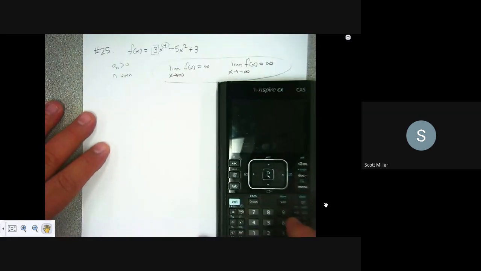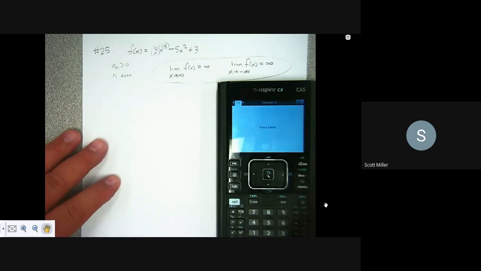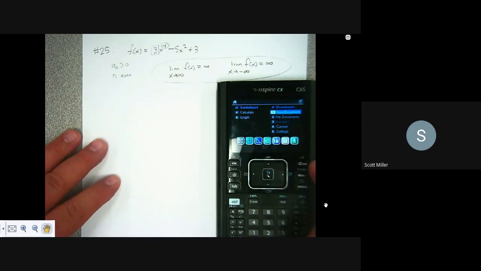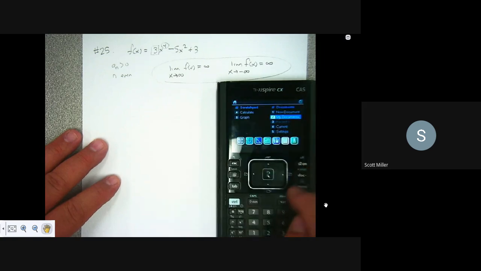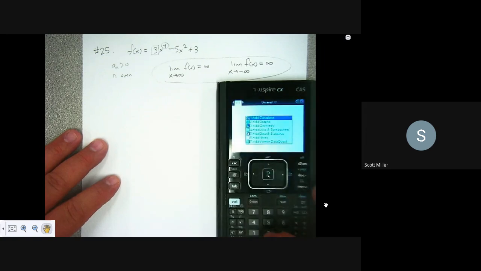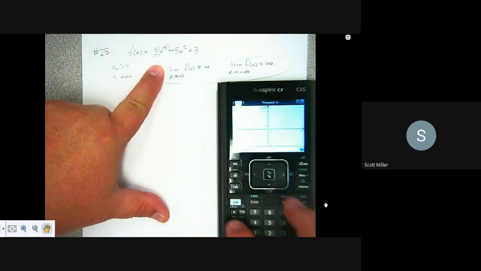And again, I'm going to go fairly quickly here, but the technique is shown in the video in your Google Classroom. And we're going to graph, and I'm going to type that in. 3 times x raised to the 4.